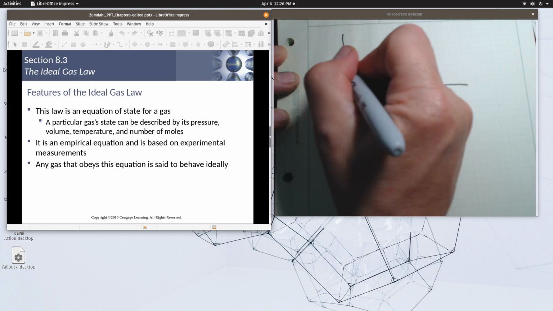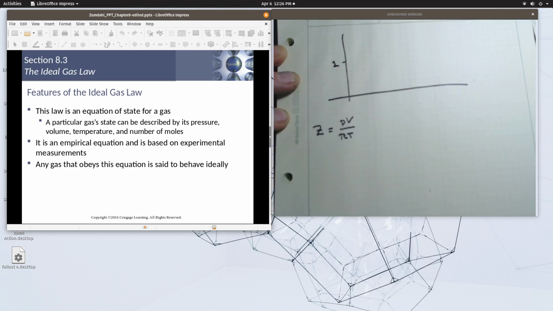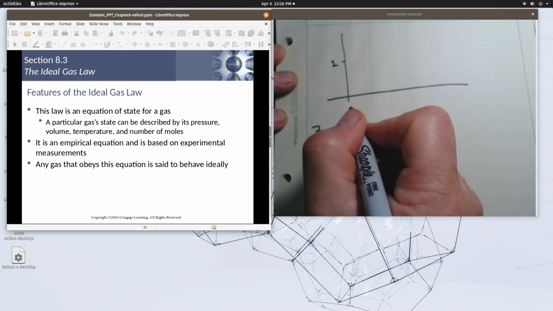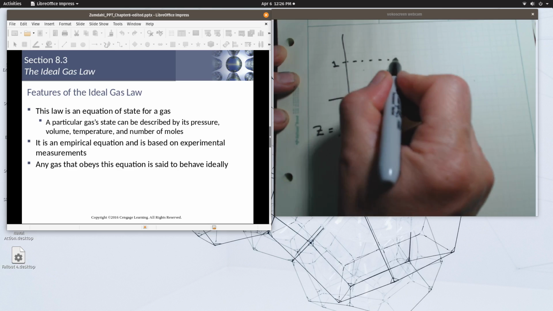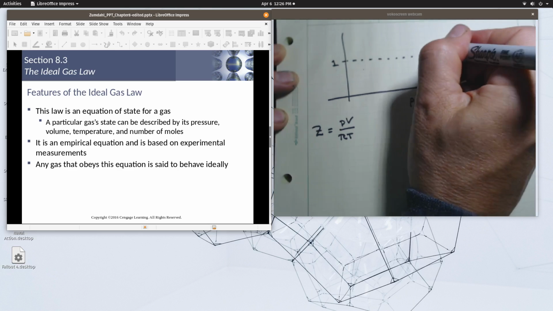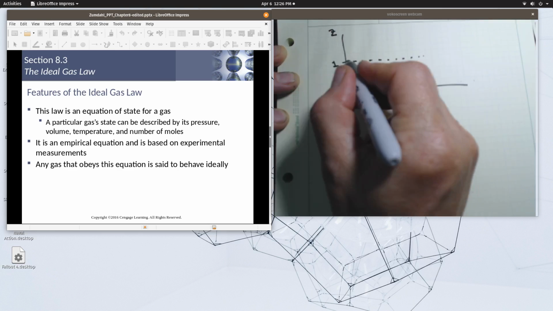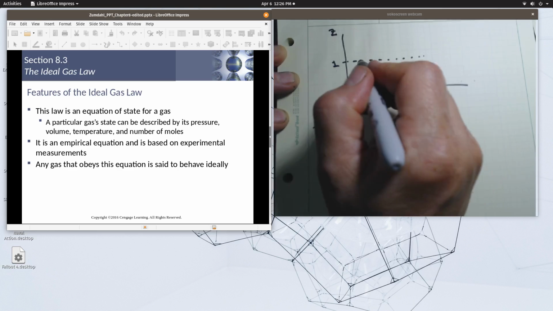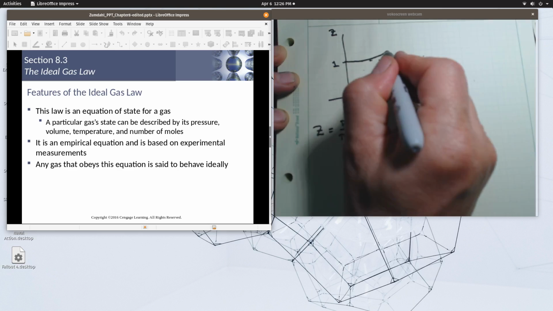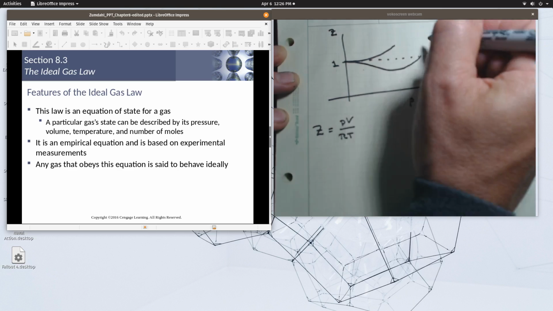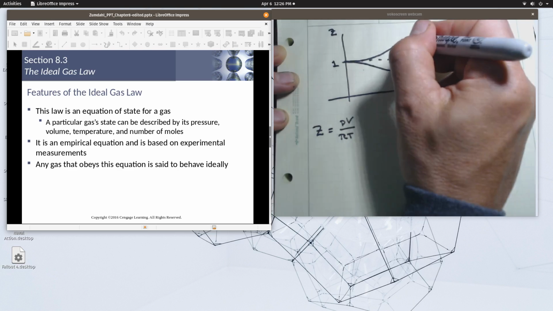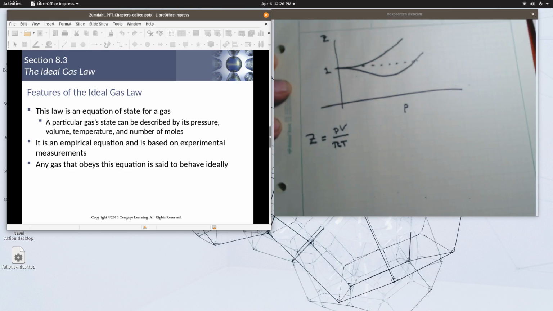Z equals 1 would be the ideal limit, at maybe low pressure down here. At low pressure, maybe my gas does this, and some gases do this, but generally you get behavior that looks like this.